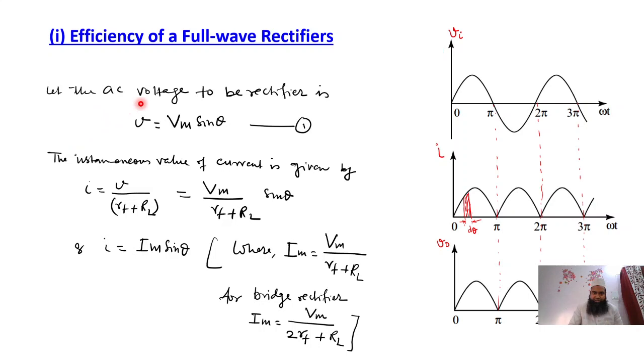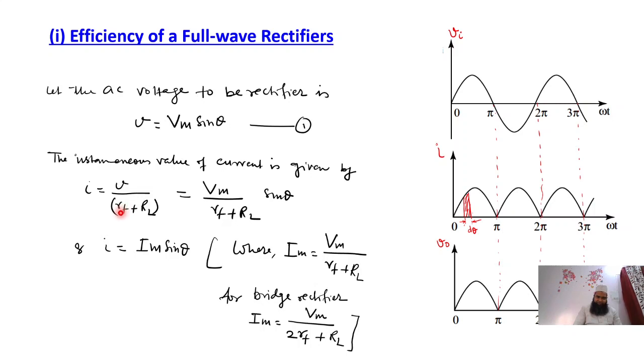Let the AC voltage to be rectified be V. We know that the instantaneous value of AC voltage is V equal to Vm sin theta. The instantaneous value of current is i equal to V by R, where V is the instantaneous voltage and R is equal to load resistance plus diode resistance.